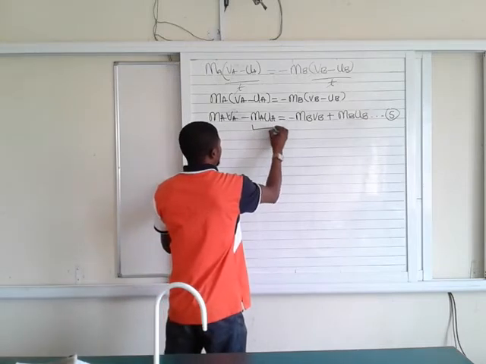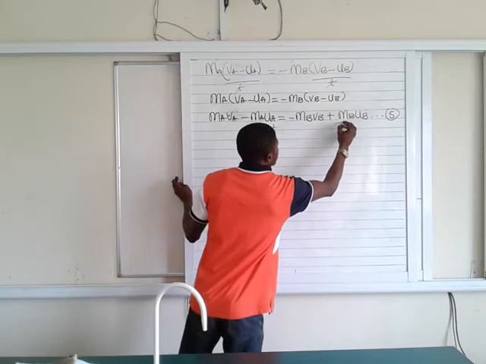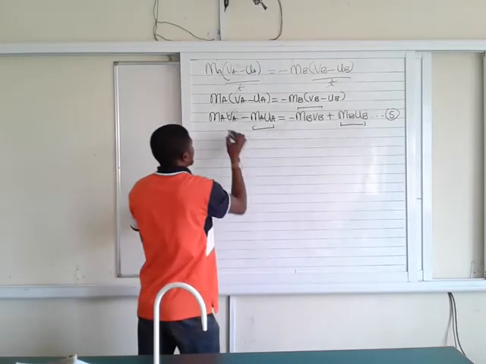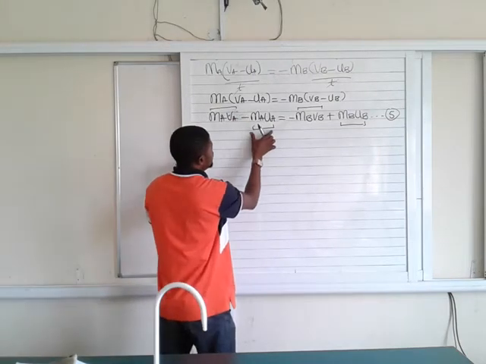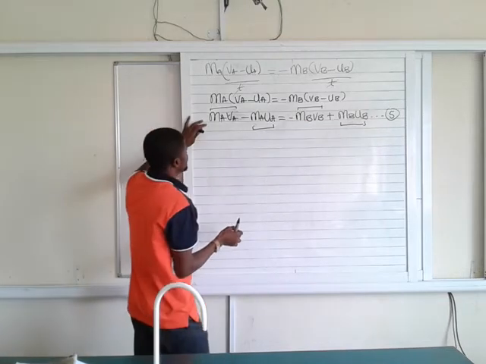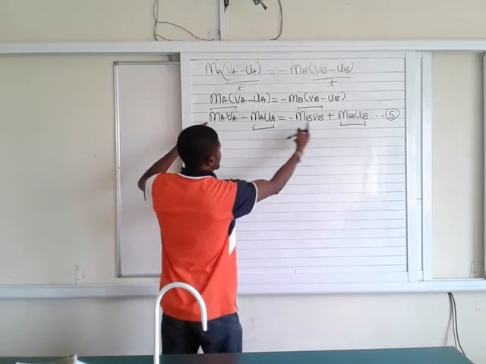So these are momentum before, momentum after. Collision before, after collision. So we collect this and this together.